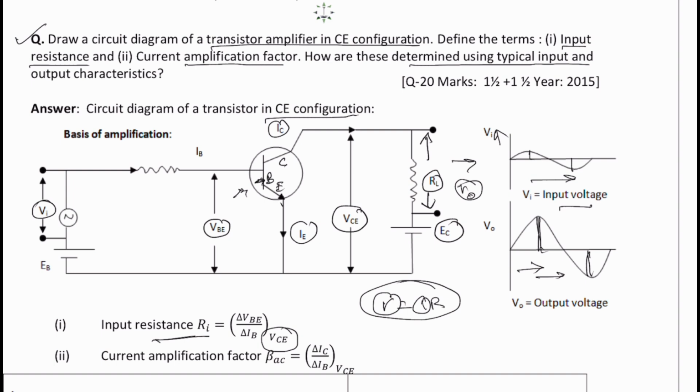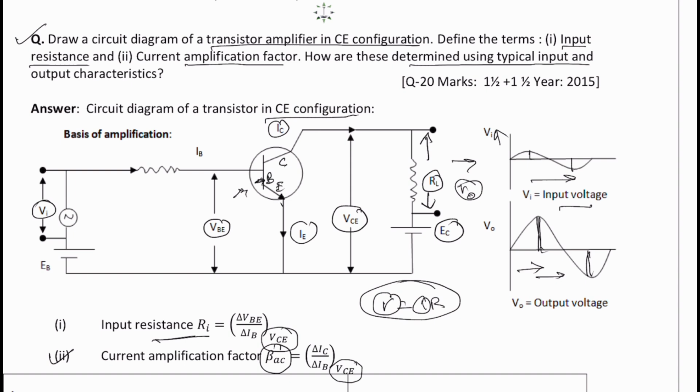What is current amplification factor? We call it beta, correct? It is, for a fixed collector emitter voltage, the ratio of the change in collector current to the change in base current.